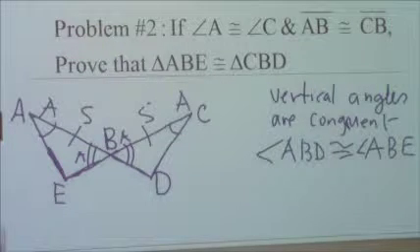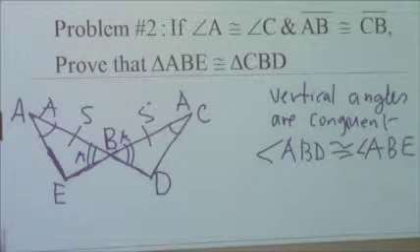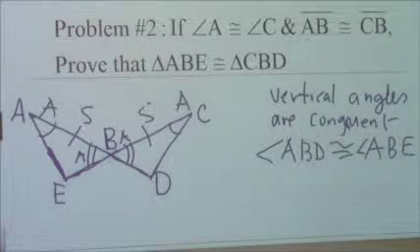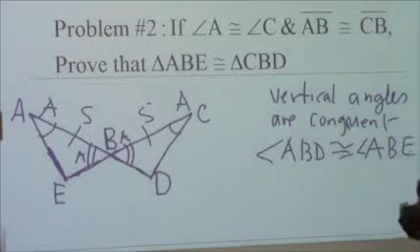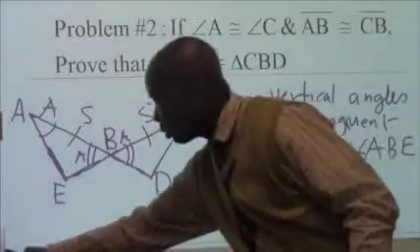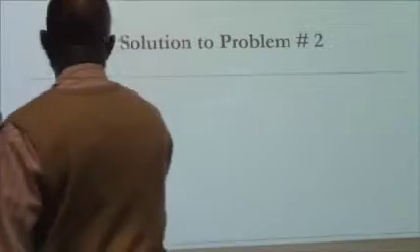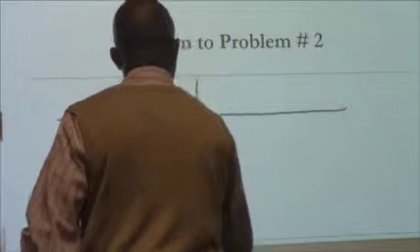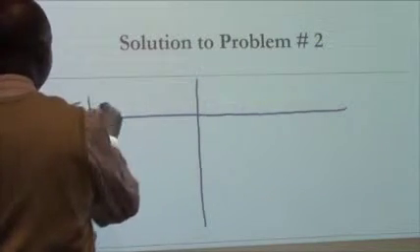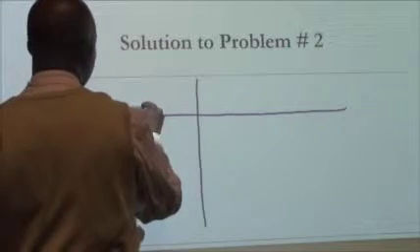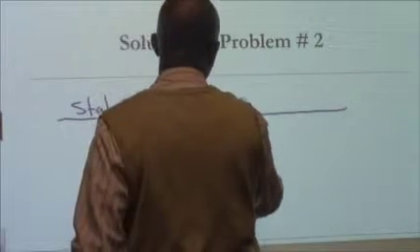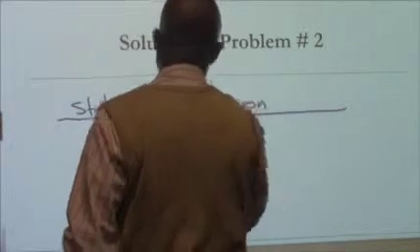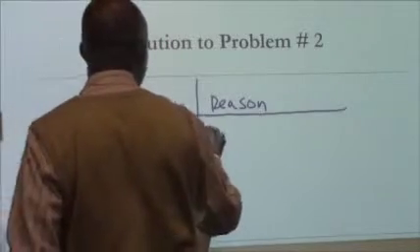So I'm going to go on the next page. I'm going to set up the statement and reasoning table, and then I'll keep coming back here to collect the information from there. So let's go here. We're going to lay it out like this. I hope we have enough space to do this. I'm going to do statement and reason. Normally the first statement is what is given.